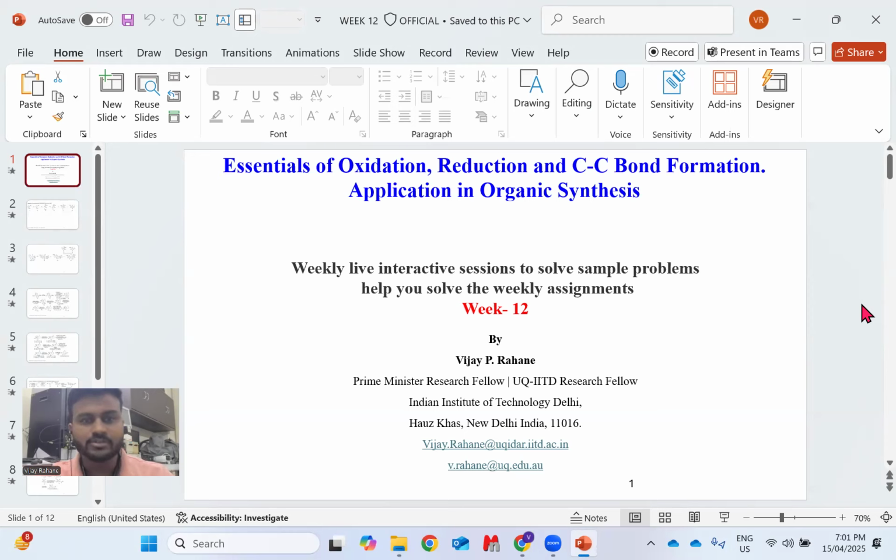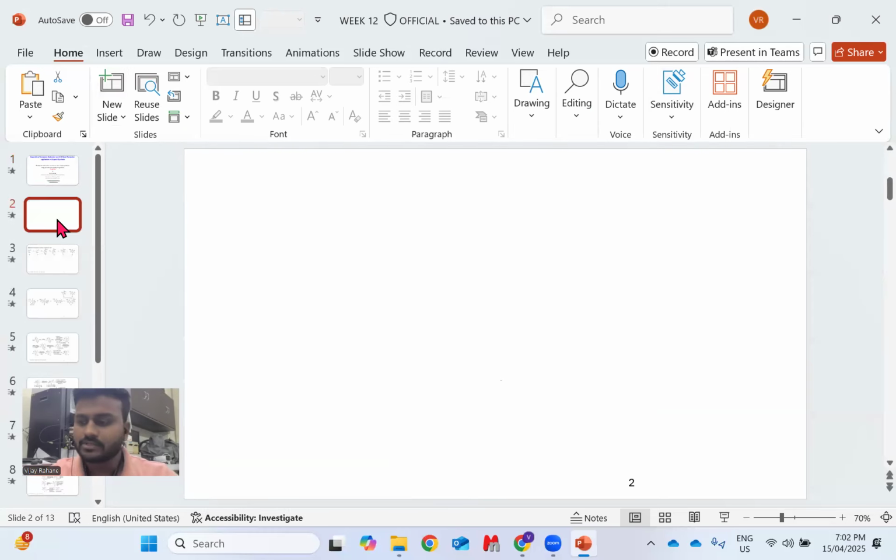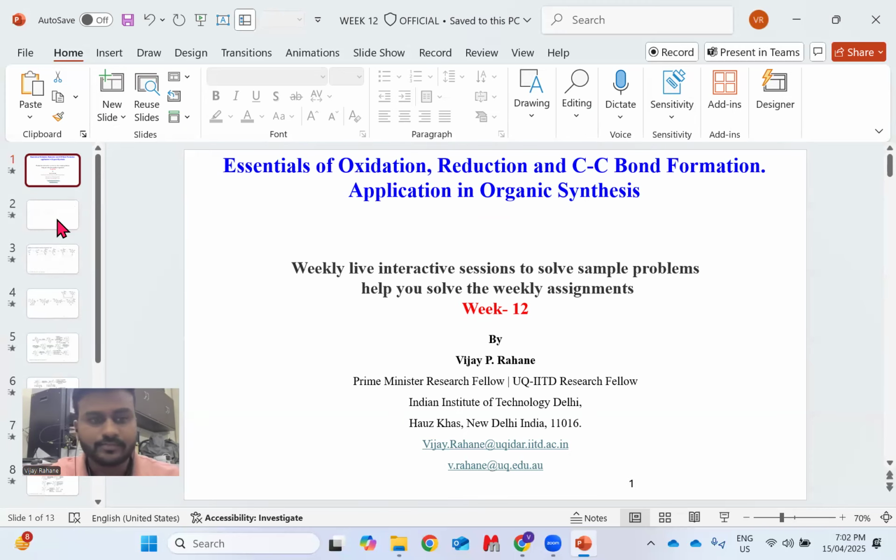So basically, we are looking at examples in which a new carbon-carbon bond is formed or a bond is cleaved, some oxidation or reduction reactions, and many more reactions. These will be based on the real life application of our organic synthesis, right?